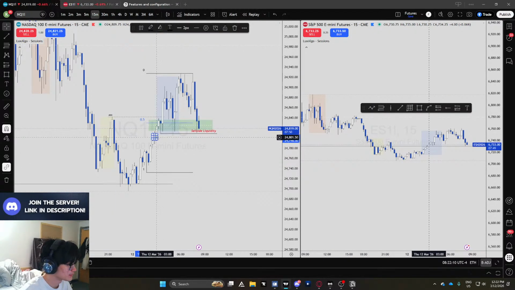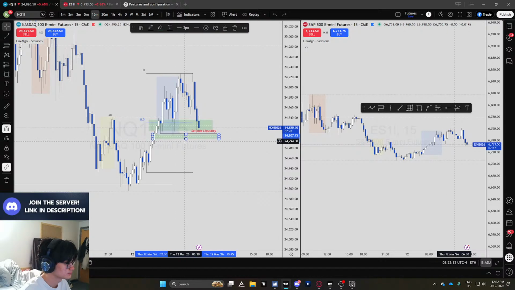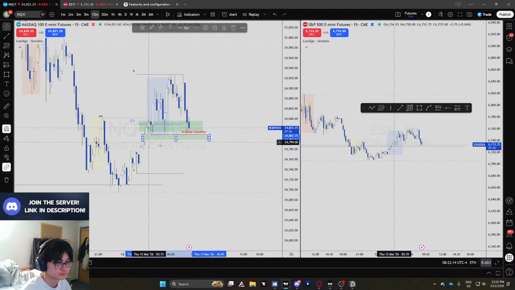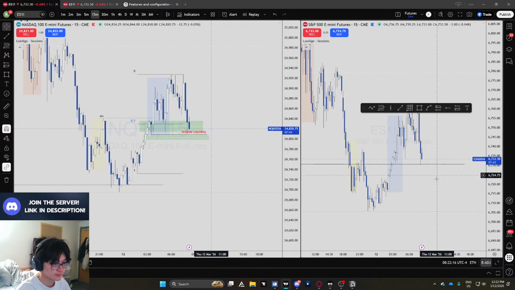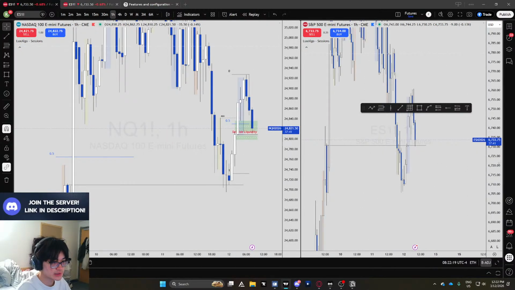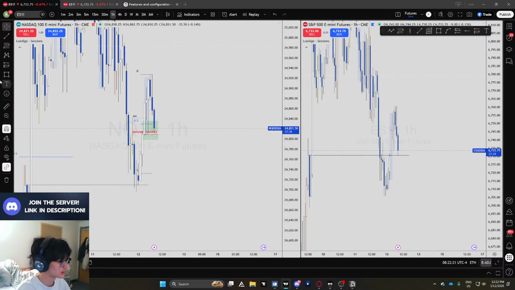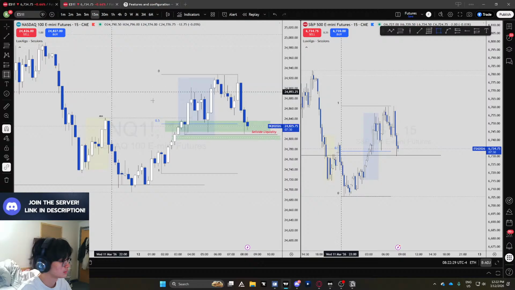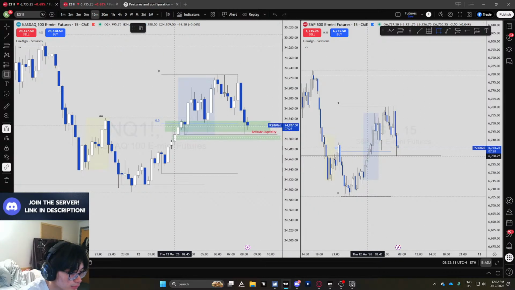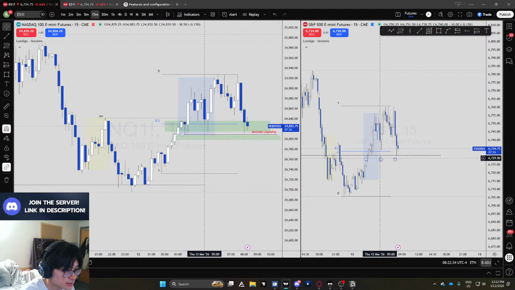Got this fair value gap here. ES has already went into that lower fair value gap. We also had our structure shift there as well. 15-minute, this is our fair value gap.